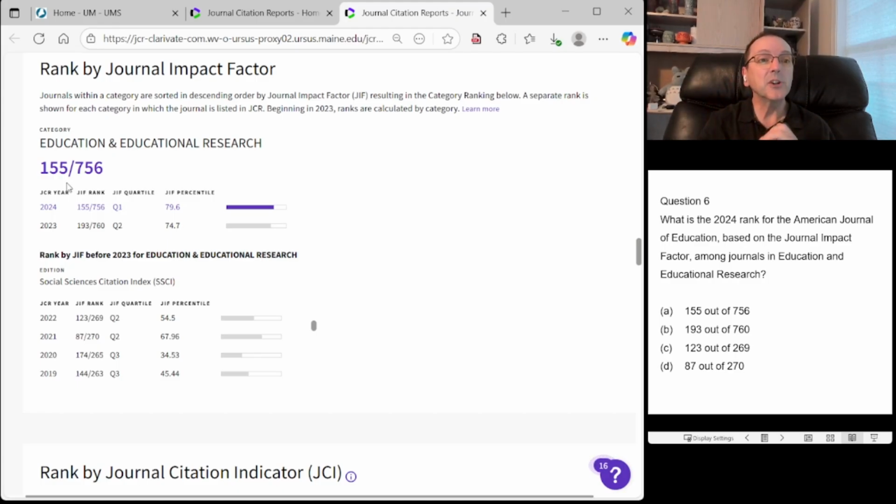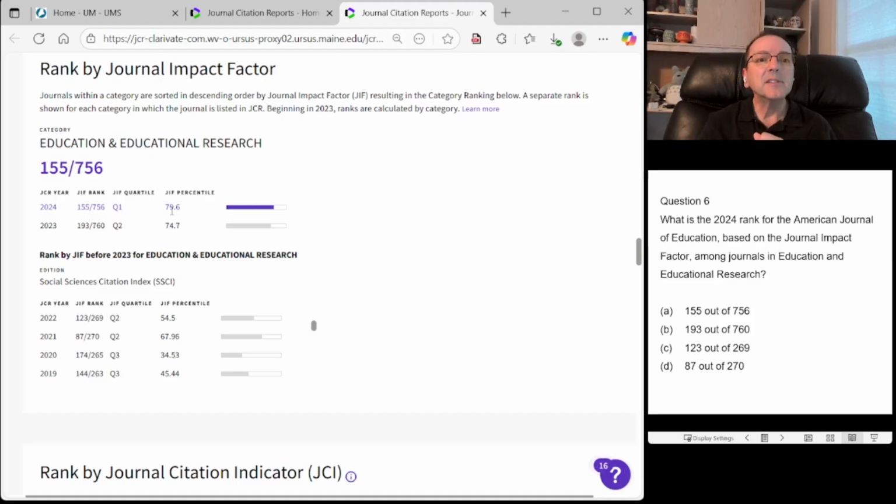Okay, so that's actually a pretty good rank. If we look here a little bit more, it gives us that information, but also says it's in the Q1, which is telling us it's the first quartile, the top 25%. So it's a good journal in that sense.